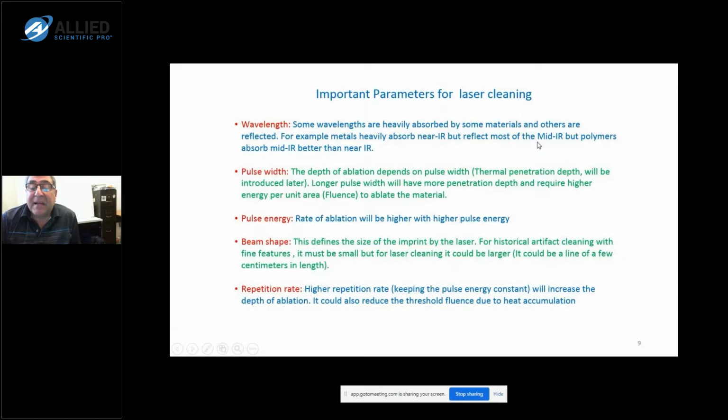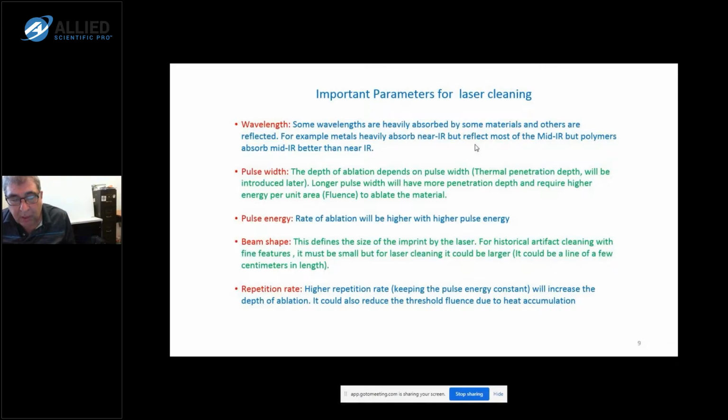But for plastics, near IR is not absorbed that well, but mid IR is absorbed very well. So also for paint. One may tend to think that it will be good to use the mid IR laser for cleaning paint from a metal surface because the paint absorbs the mid IR very well and the metal underneath reflects it. So that means no substrate damage.